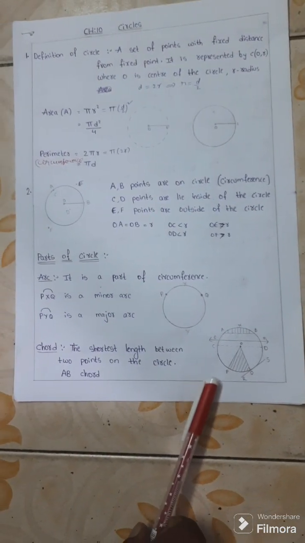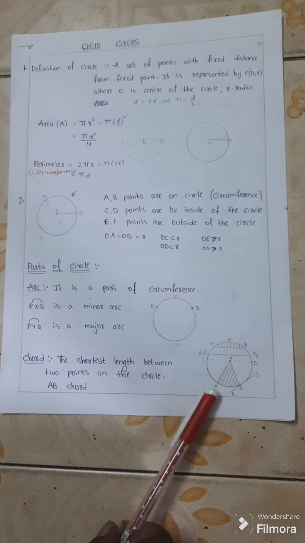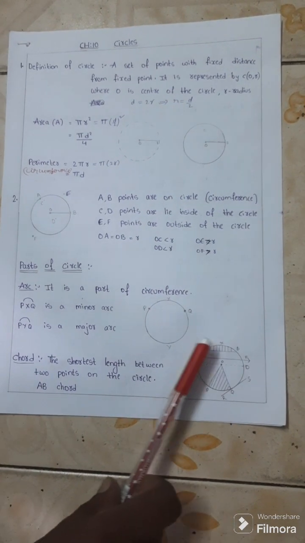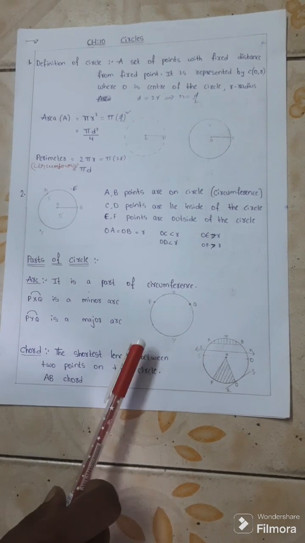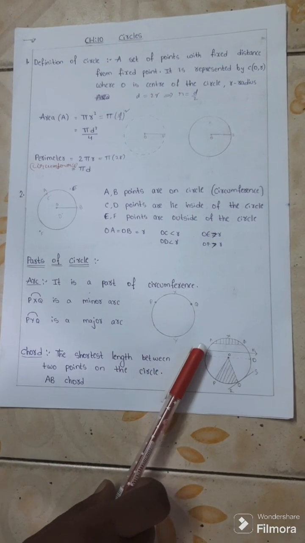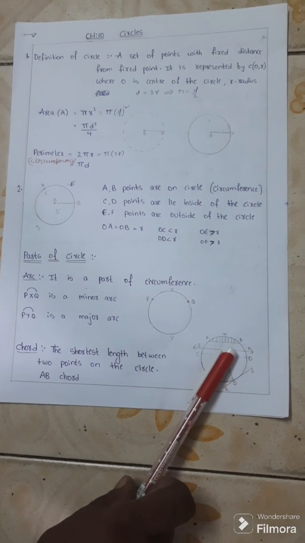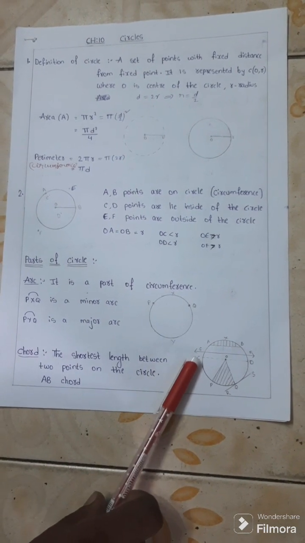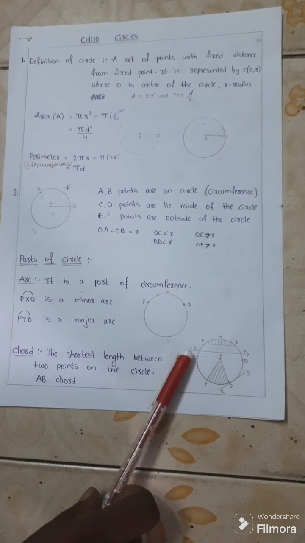I have drawn all the contents in one circle itself and shall explain them all. The shortest length between A and B is called a chord. Of course, EF is also a chord, as well as a secant.